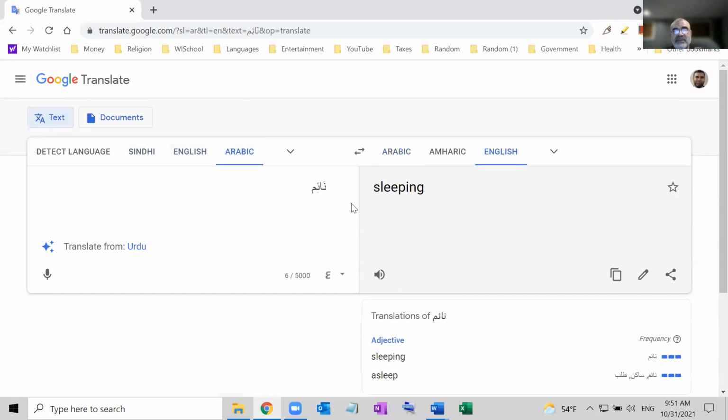Arabic, sleeping. So it is sleeping or sleeper. So نائم is sleeper, and it doesn't have an S at the end, so it's singular.